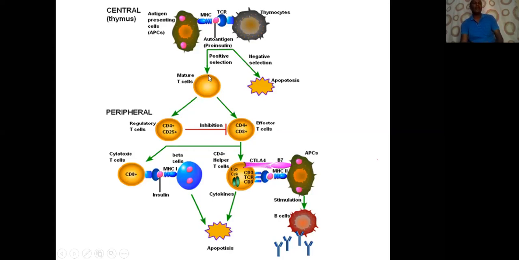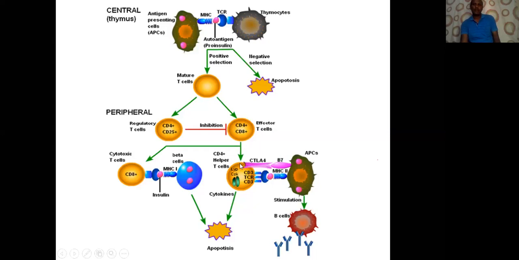Then they come to the periphery and into the circulation, then they can generate regulatory cells, that is CD4 cells or CD8 cells. So these mature T cells can be CD4 or CD8.